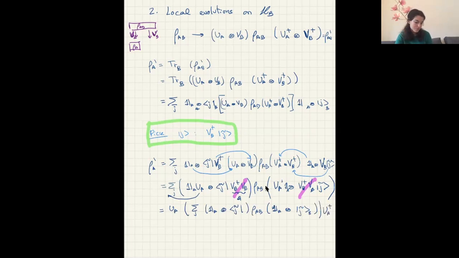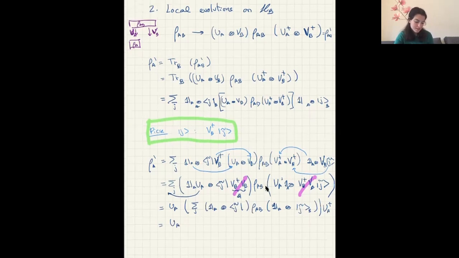Yep. So this is just UA. This thing here, because this basis J is just any orthonormal basis, like we saw before, is just a trace over B of the initial state. So this is just Rho A, UA dagger. Good. So that's what happens.